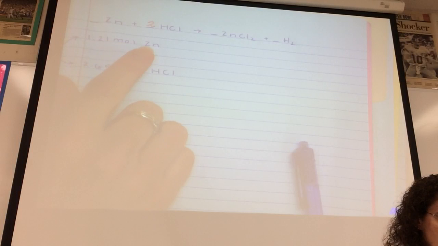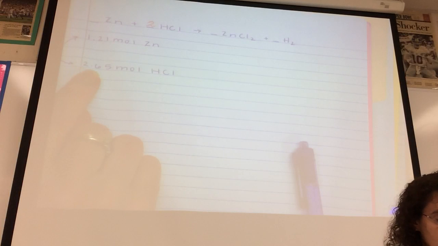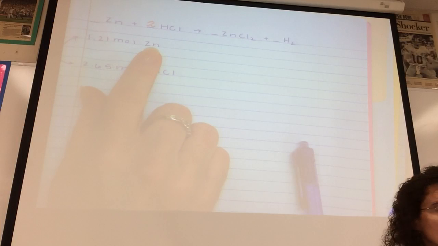So for every 1 mole of this, I need 2 moles of this. So 2 times this is 2.42. Am I given more or less than what I need? Comparing 2.65 to 2.42, I'm given more. 2.65 is greater than 2.42. So I'm given more than what I need. Hydrochloric acid is in excess. Zinc is the limiting reagent.